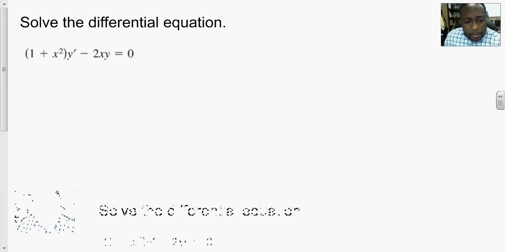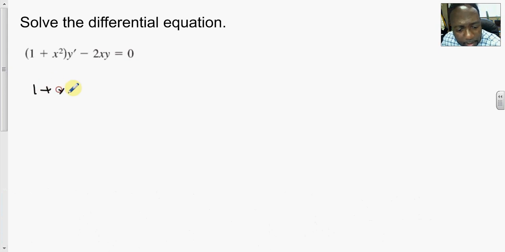Let's go a little further. This is 1 plus x squared times dy over dx minus 2xy is equal to 0. Multiply both sides by dx.